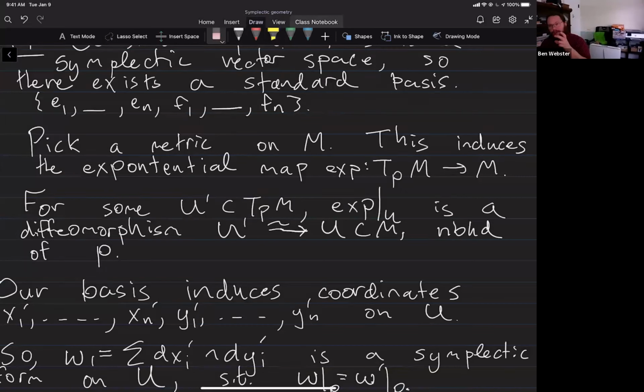For some small neighborhood of the origin, that exponential map is a diffeomorphism between that neighborhood of the origin and the neighborhood around P in N. If I go far enough out, things are going to run into each other and I'm going to have problems. But for a small neighborhood around the origin, that map is an isomorphism. This is a very, very common kind of argument, that you can compare the manifold with the tangent space.